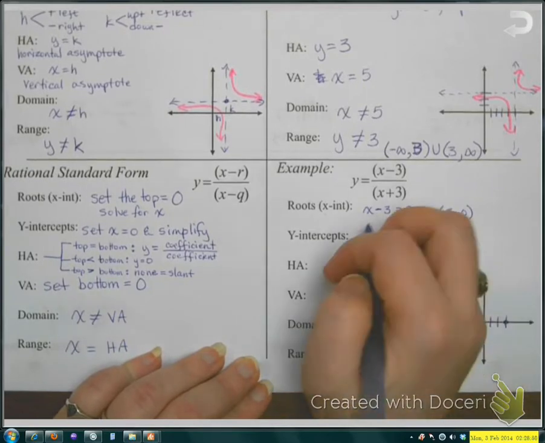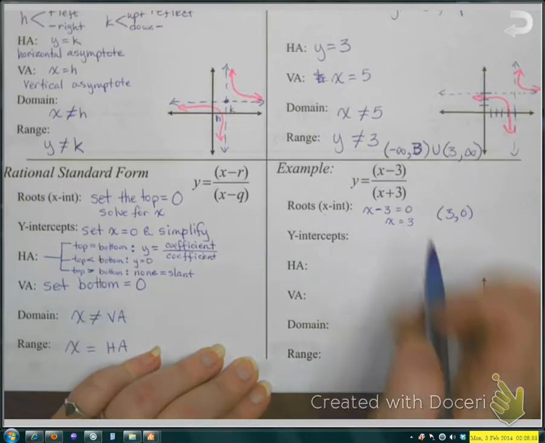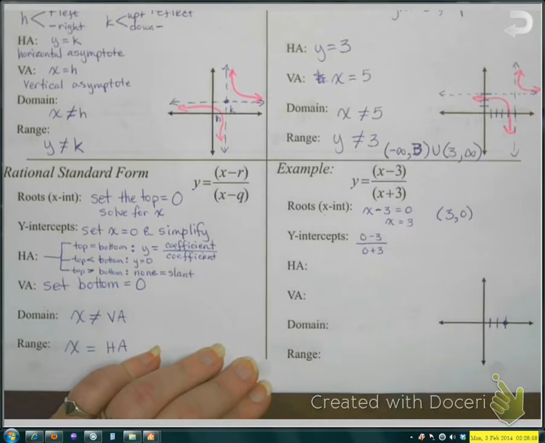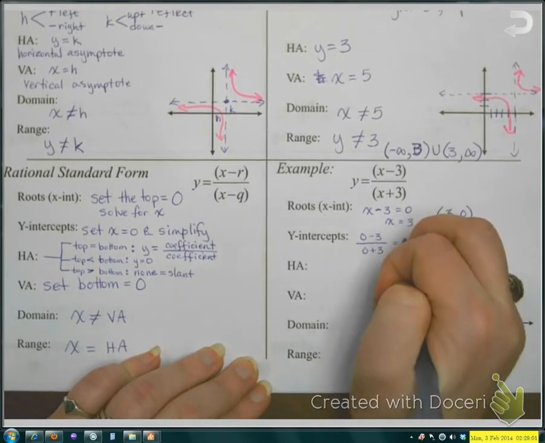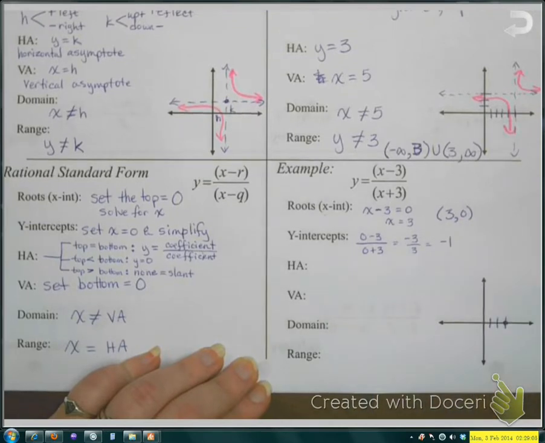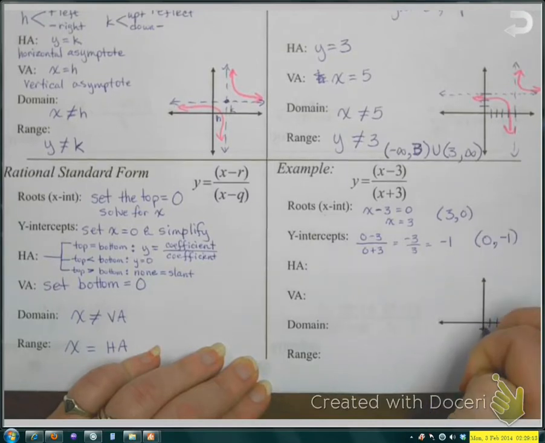Y-intercepts say set x equal to 0 and simplify. So that means I have 0 minus 3 over 0 plus 3. Well, that would be equal to negative 3 over positive 3, which is negative 1. So that means I have a y-intercept at (0, -1). Go down there and put a dot.